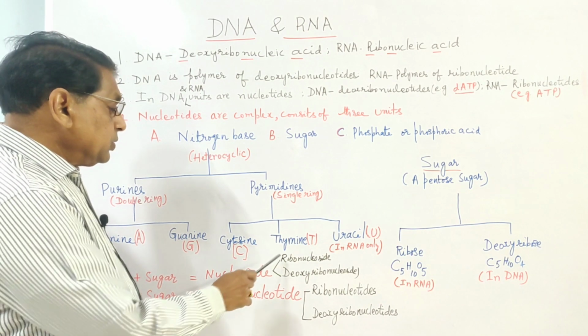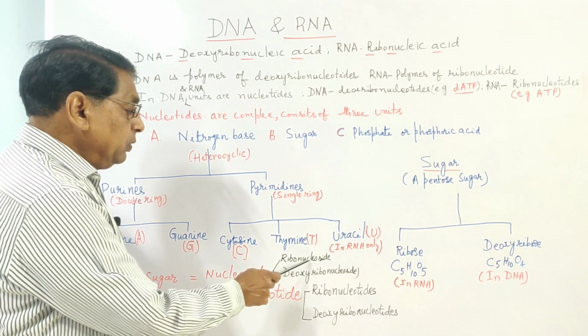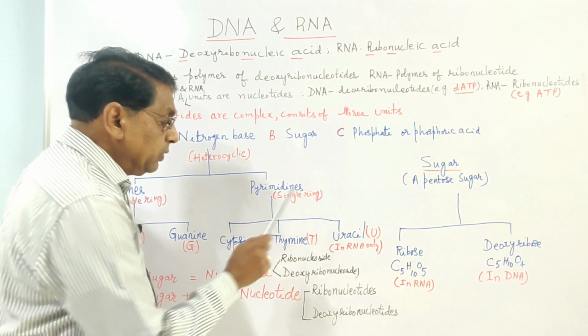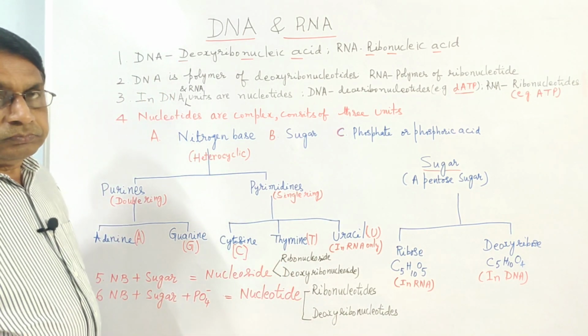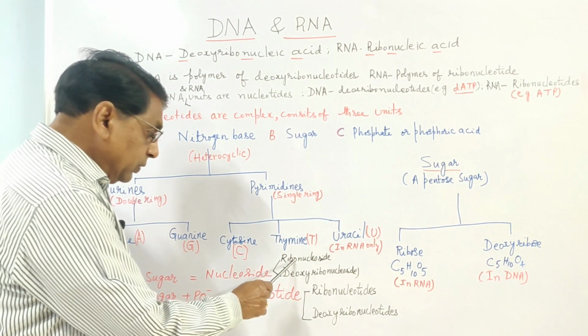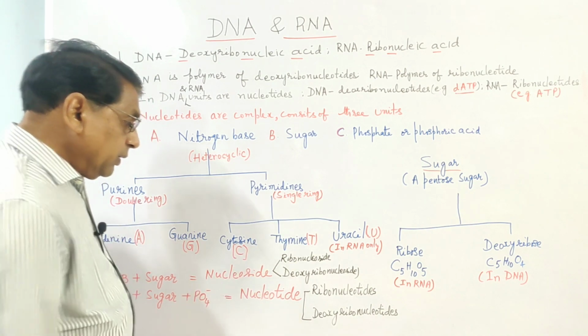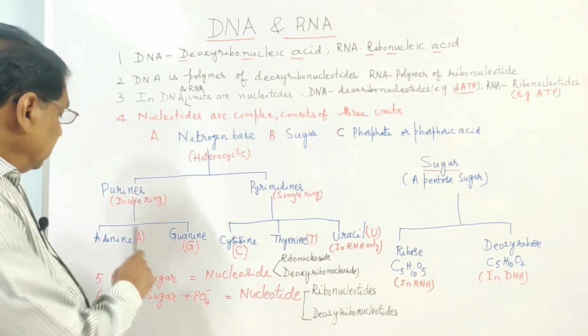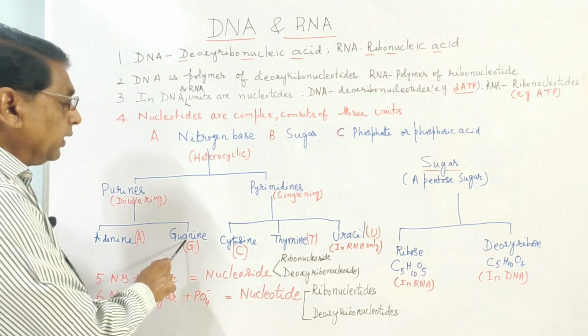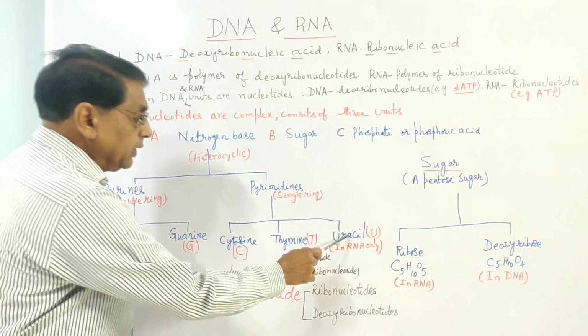Then these nucleosides are again ribonucleosides and deoxyribonucleosides. The ribonucleosides contain adenine, guanine, cytosine, uracil.